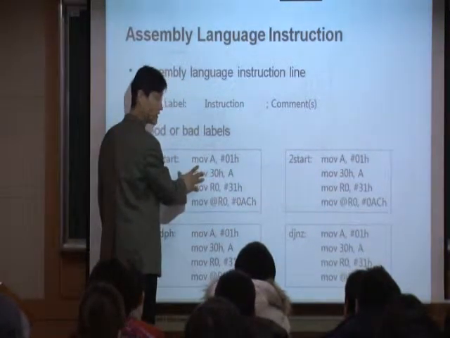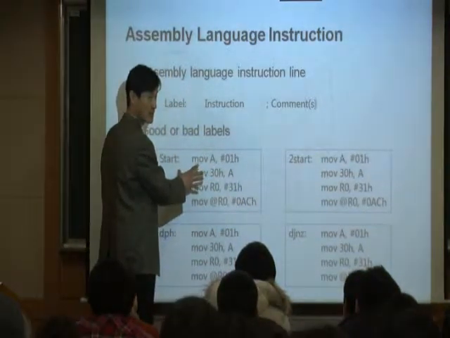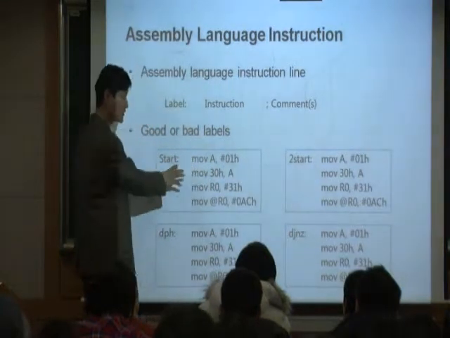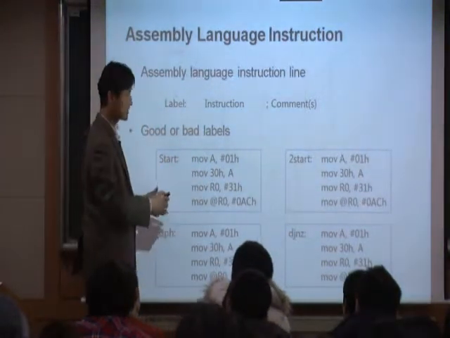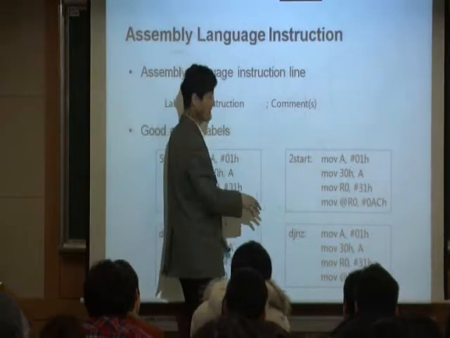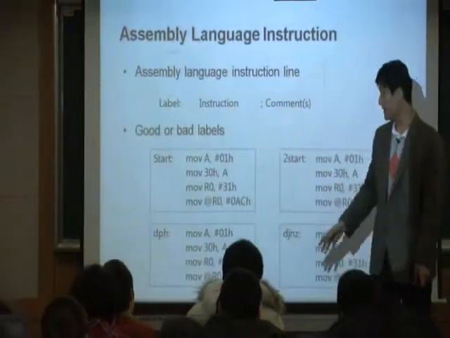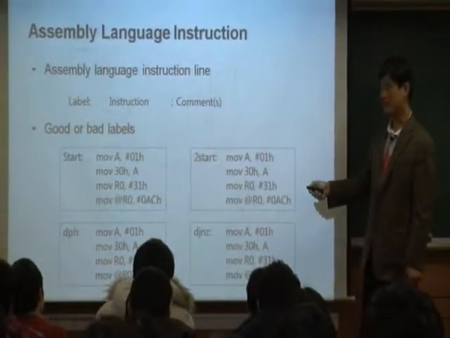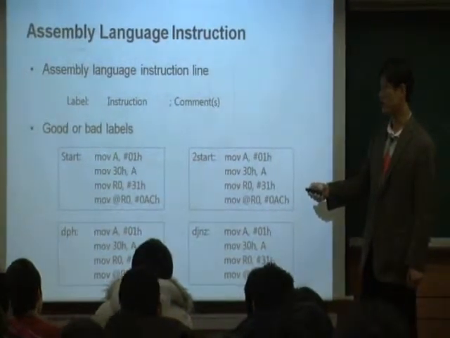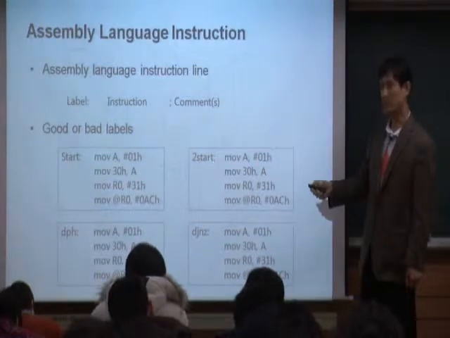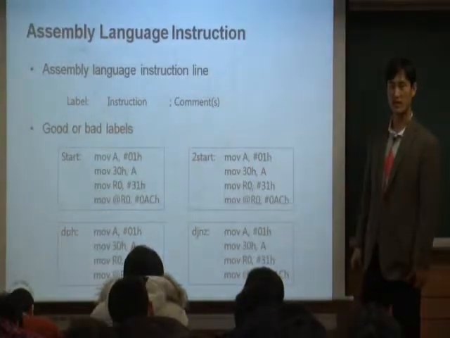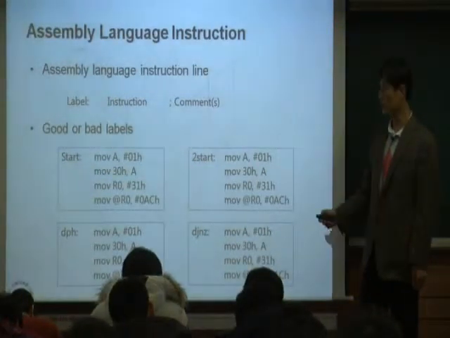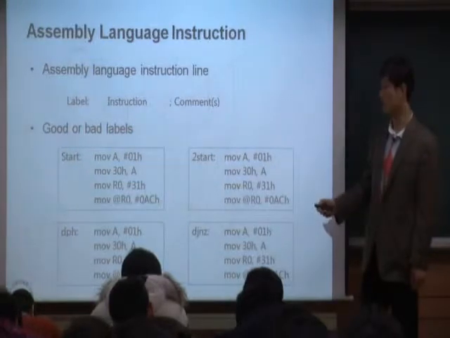And this is actually a good example. The reason that I'm saying this is good, you can easily see when you see a bad example. Let's see this is a bad example. Why is this a bad example? Because a label cannot start with a number. A label should start with an alphabetical letter. You cannot start a label with a number.